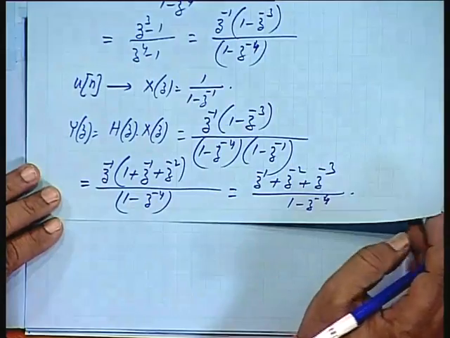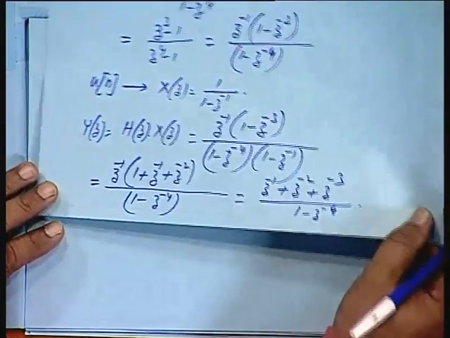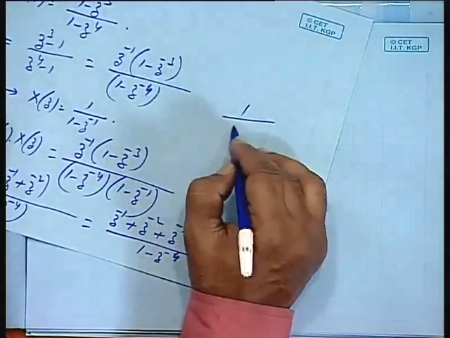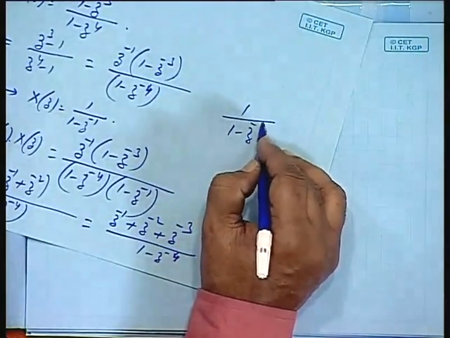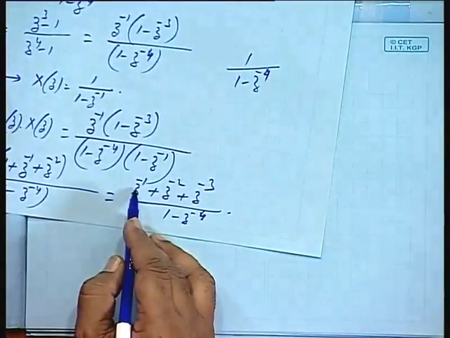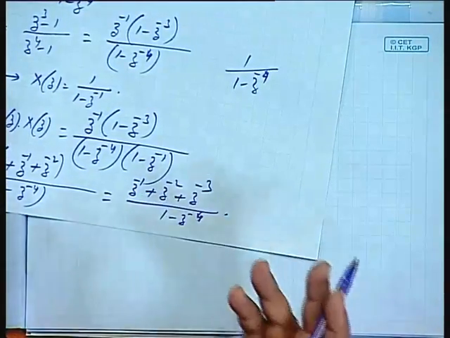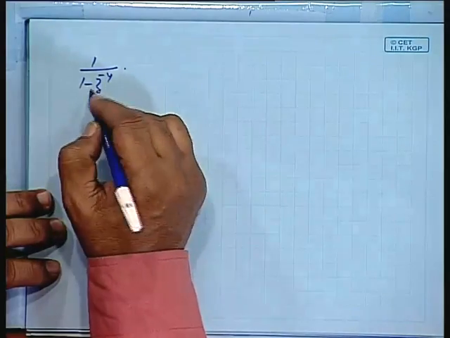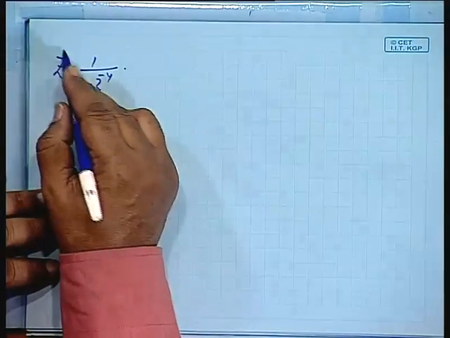Is that all right? Now, let us compute from here what would be the response due to 1 minus z to the power minus 4. Whatever response we get, we will have 1 shift, 2 shifts and 3 shifts and add them together. Okay. So, corresponding to 1 by 1 minus z to the power minus 4, what will be z inverse of this?